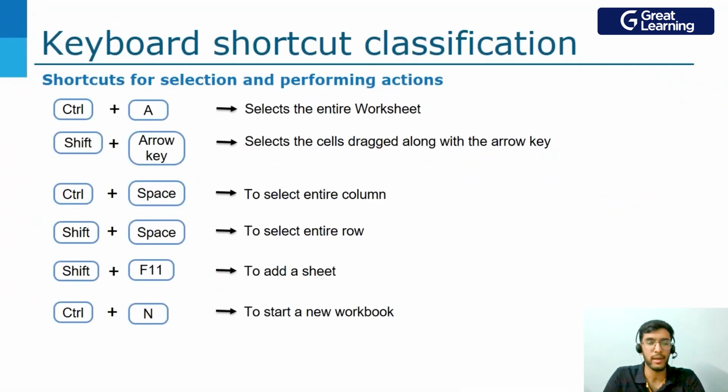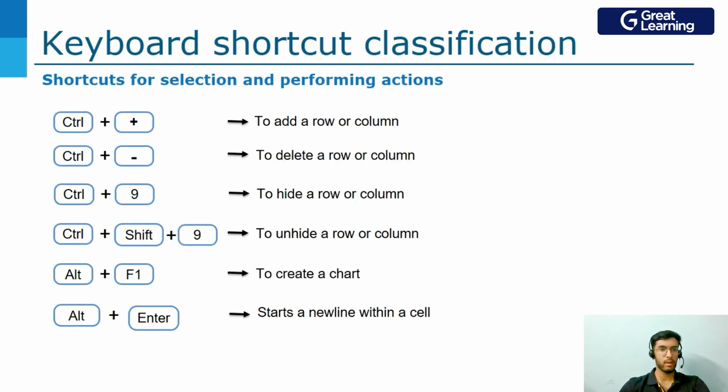Now let's move ahead and discuss the next category of shortcut keys, that is shortcuts for selection and performing actions. As you can see on the screen, this is one set of shortcut keys that is used for selection and performing action. Now moving on to the second set. As you can see on the screen now, this is the second set that is used for the same.